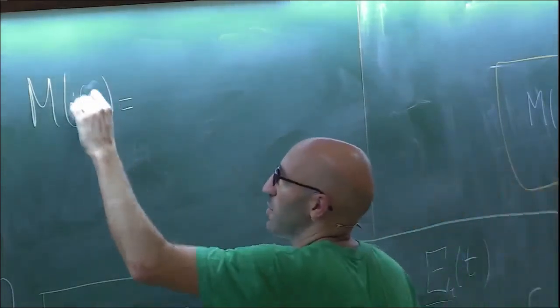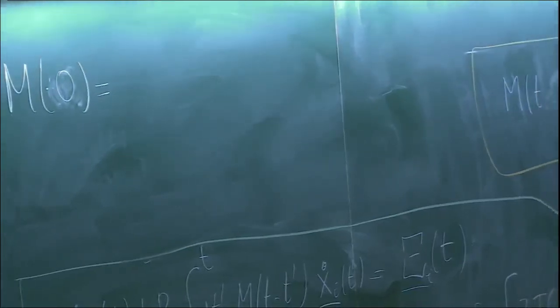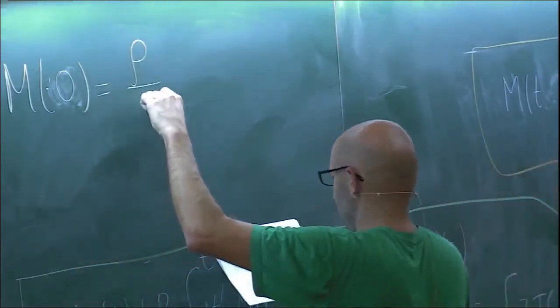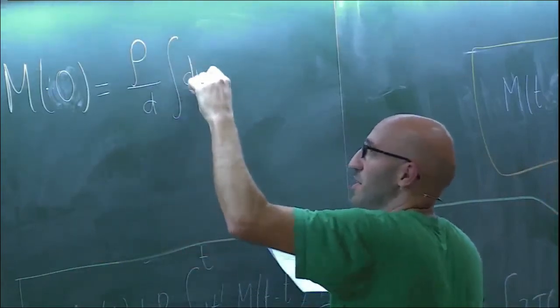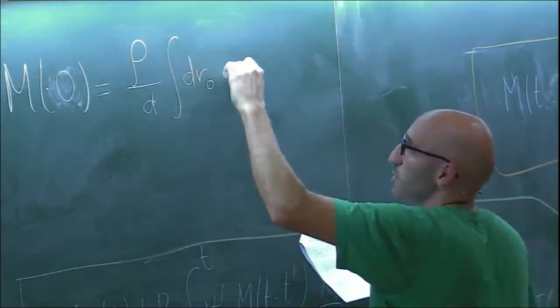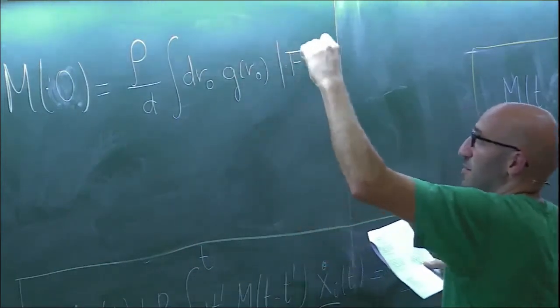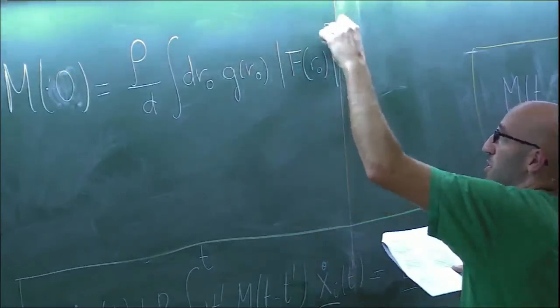Now, let's do it in two steps. When both times are equal to 0, so if I put 0 and 0, what is this? So this is 1 over N, sum over i different from j of the square of f at time 0. And this is just a thermodynamic average, and you can write it by introducing the g of r. So this is going to be rho over d times the integral over r0, I call it r0 because it's the initial, of g of r0 times f of r0 squared.